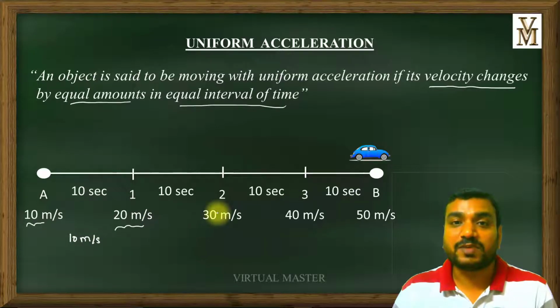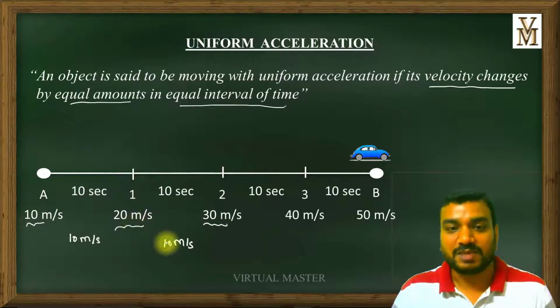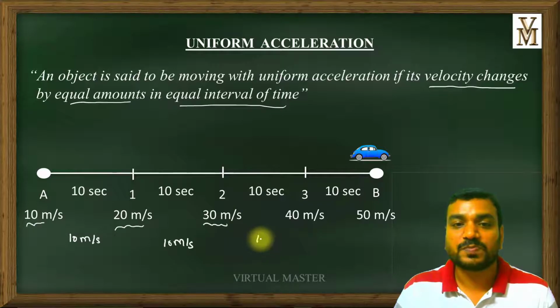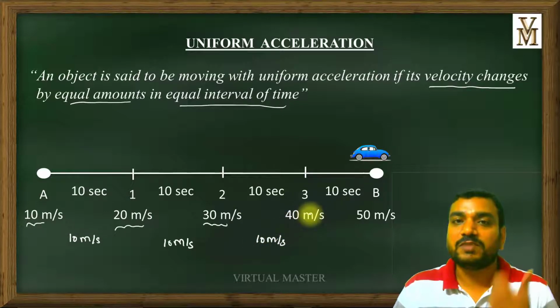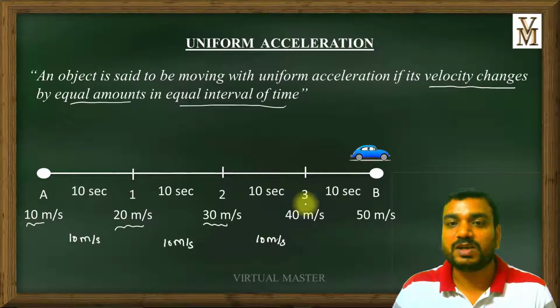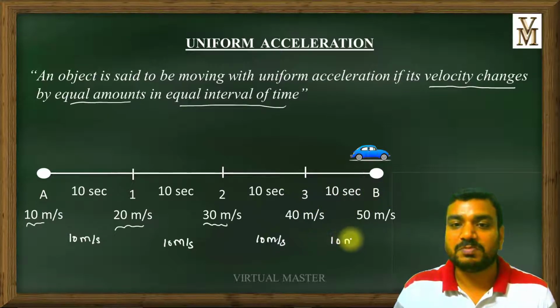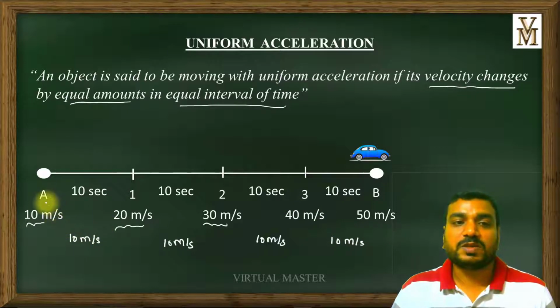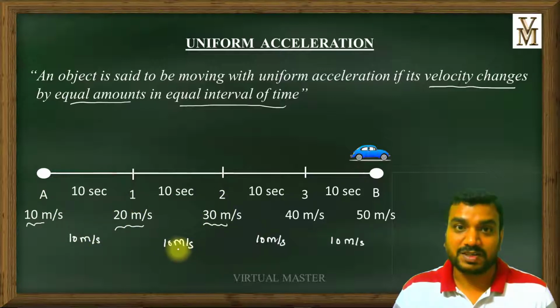Similarly, the car is moving with a velocity of 30 meter per second at point 2. Now if you calculate the change in velocity between point 2 and point 1, it will be 10 meter per second, isn't it? 30 minus 20 equals 10 meter per second. Similarly, the change in the velocity between point 2 and point 3 is also 10 meter per second, and between point 3 and point B it is also 10 meter per second.